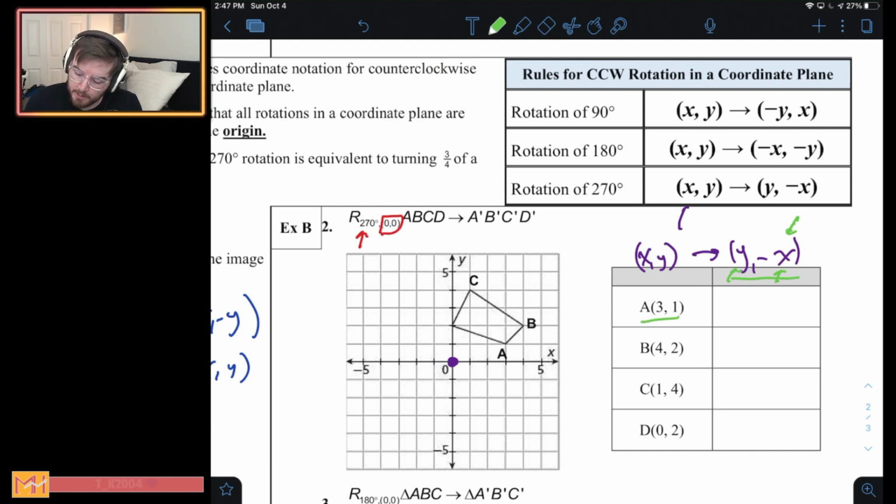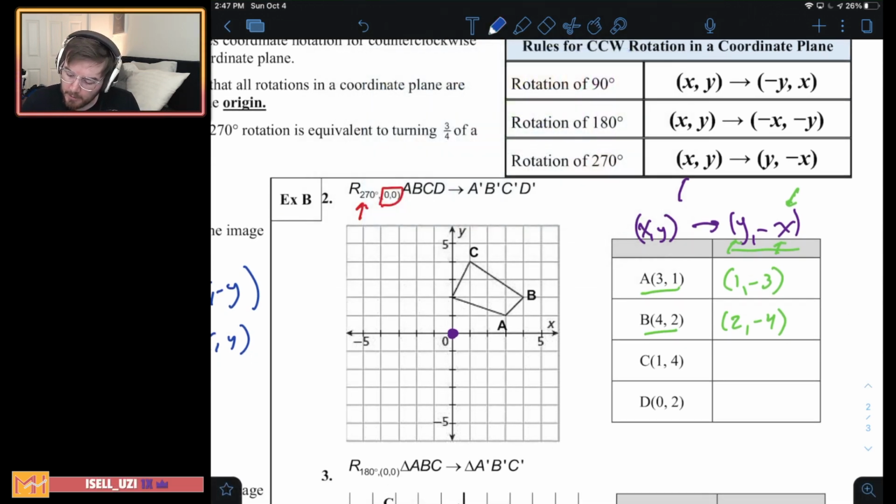So when I look at this point, I'm flipping it to be 1, 3. But also, the x value gets flipped. So 1, negative 3. I look at this, and they get flipped. So 2, 4. But the x value changes signs to 2, negative 4.